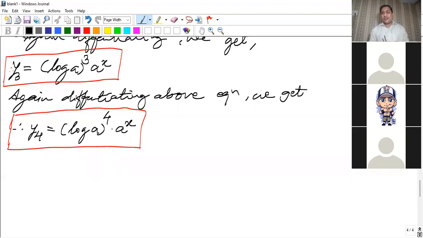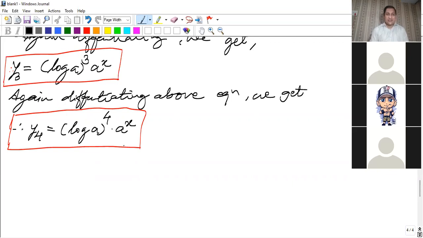These four derivatives are sufficient for us to identify the pattern. One or two derivatives are not sufficient to get the pattern, so we should write at least four.